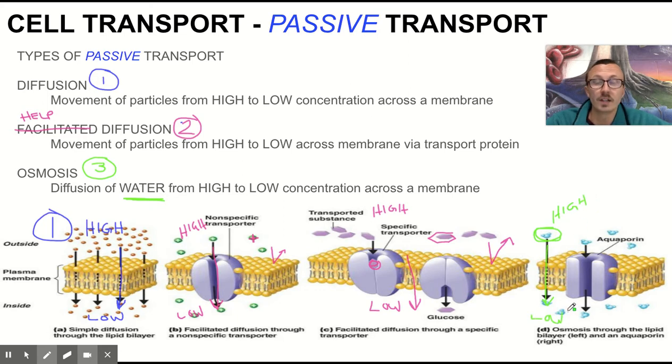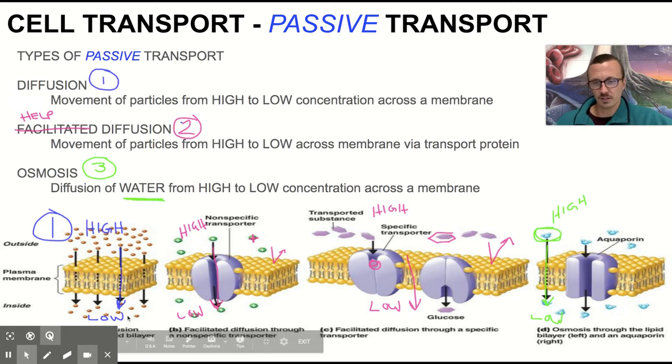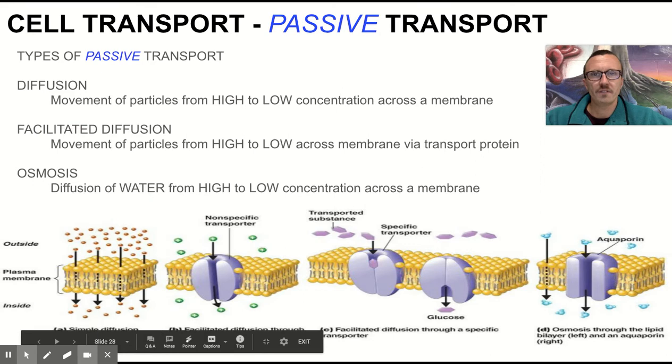Now, in some organisms, the cells need to get a lot of water in or a lot of water out quickly, and they'll actually have some protein channels there to help. And so that would be an aquaporin. And since a protein is helping, this would be an example of the facilitated diffusion of water, or facilitated osmosis.